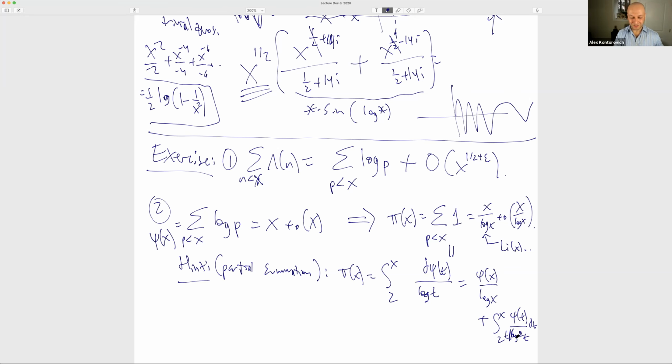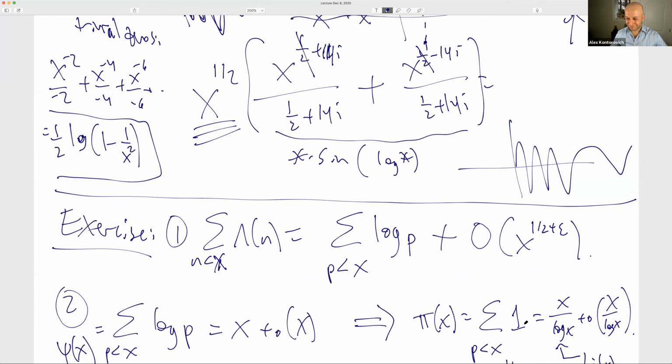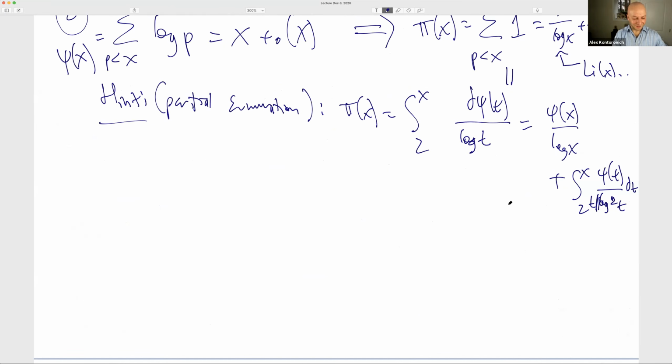Can you still see this? All right, I said I wouldn't do the exercise, and here I am doing it for you. Log squared of t. Okay, and this is small. This is x over log x by the assumption.